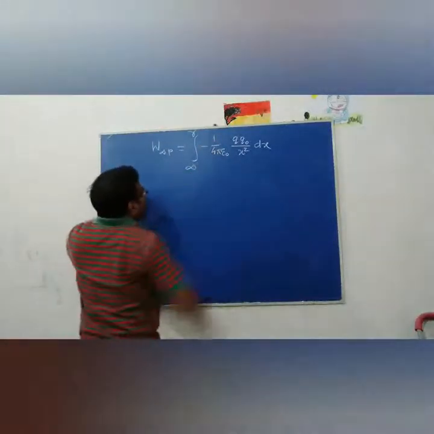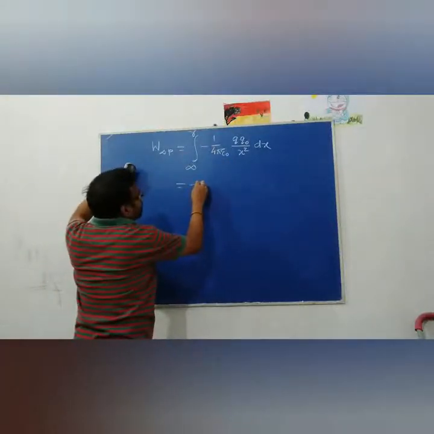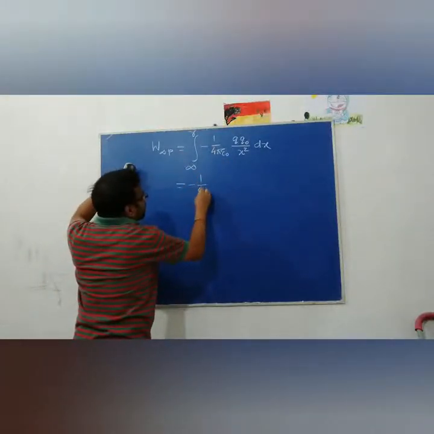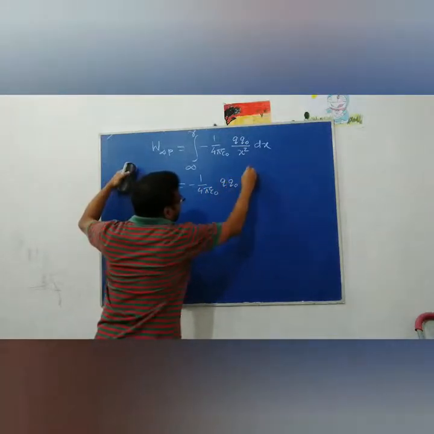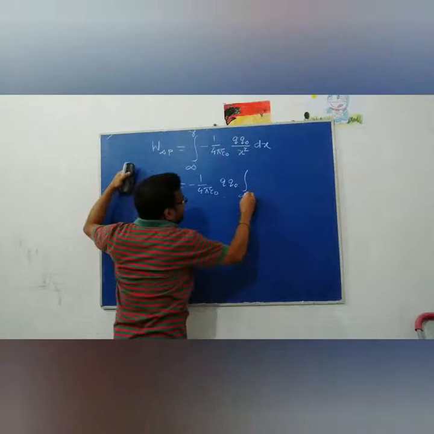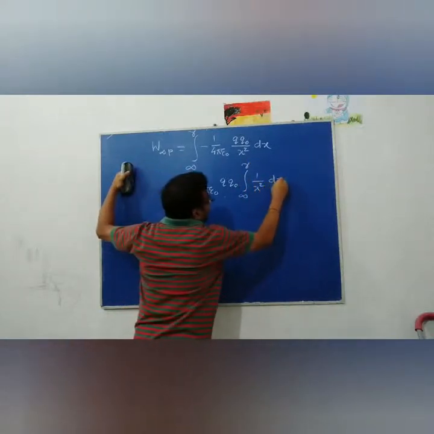What about the constant? Keep it outside. Whatever constant is there, take it out. Minus 1 by 4 pi epsilon naught Q Q naught integration infinity to r of 1 by x square dx.